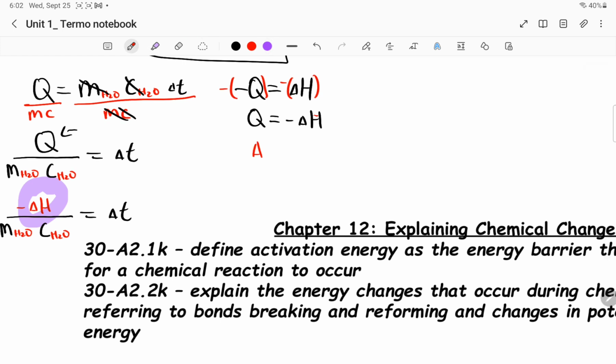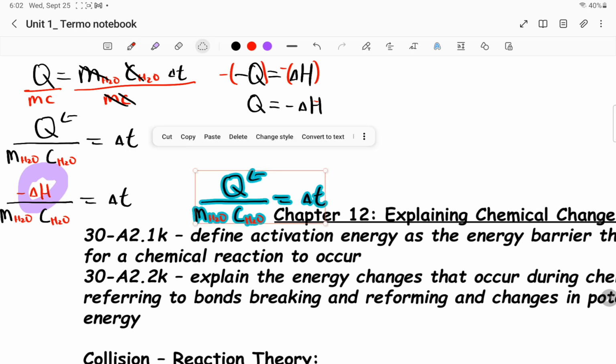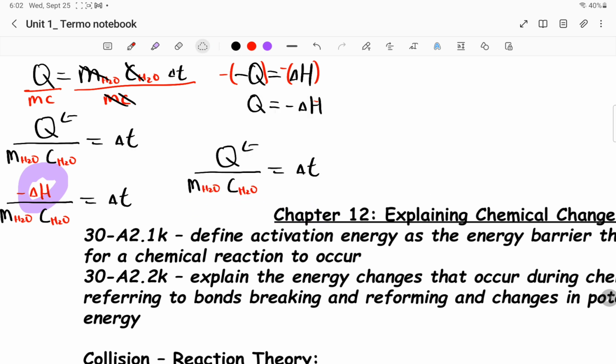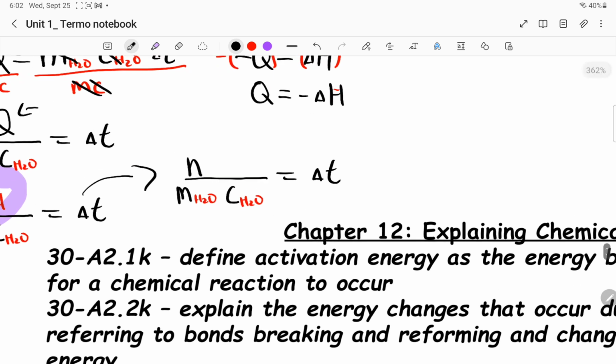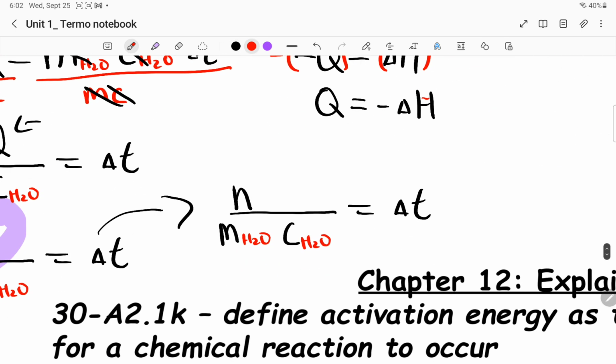Delta H is also equal to n times H, so I'm going to copy again and paste. This would then equal the n of glucose times the H of glucose.